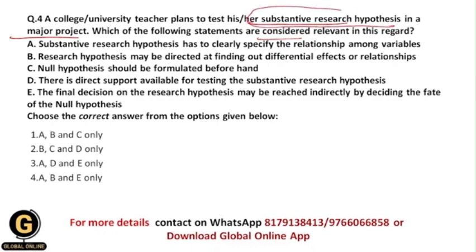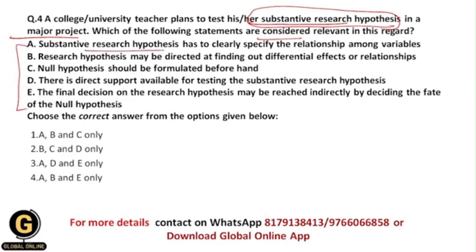Research hypothesis means alternative hypothesis. In this hypothesis we state, or we predict, that there is a relationship between the variables. So with regard to this hypothesis testing part, which of the following statements are correct?